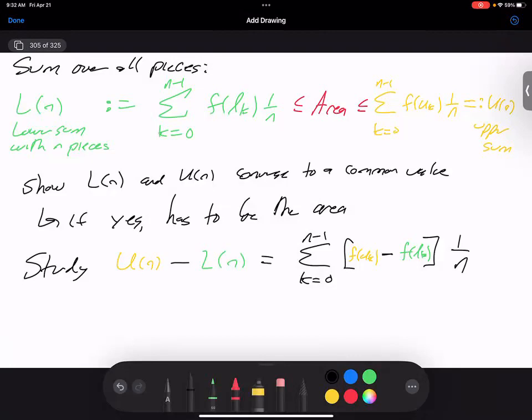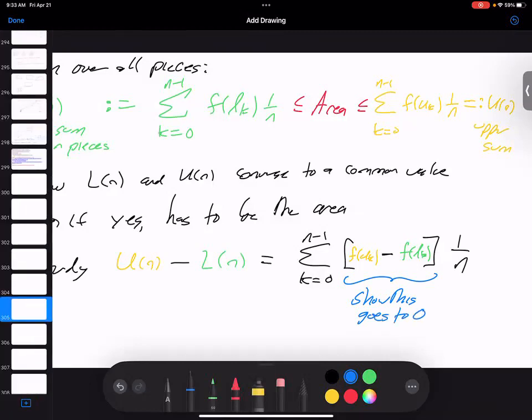However, we still have this difference between the largest and the smallest values in the intervals. As long as we can show that that goes to 0, then we're in great shape. So we need to show this goes to 0.